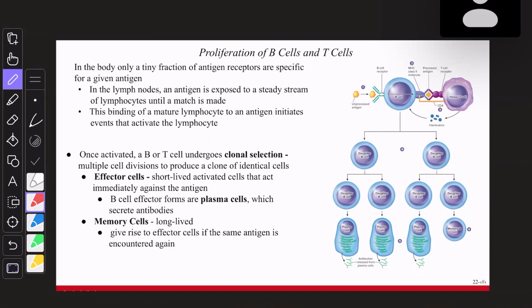Proliferation, to make more. I used to use nuclear proliferation because it was a thing in the 80s, but apparently not anymore. So bunnies are very proliferative breeders, right? They make more very rapidly, okay? So proliferation of B cells and T cells means that the B cells and T cells are going to make more of themselves, okay? They are going to clone themselves, okay?